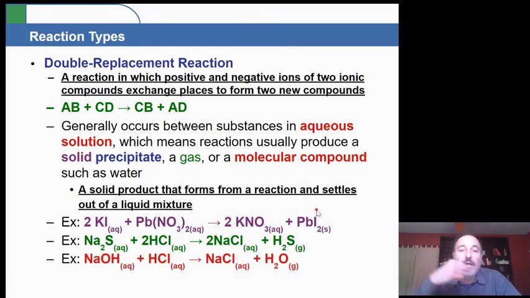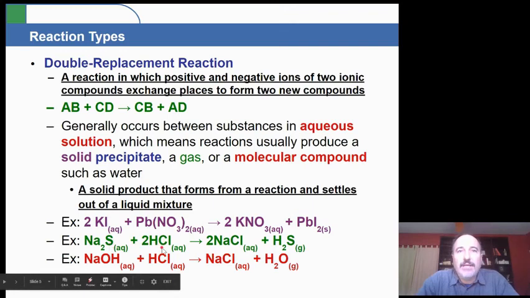And another example, when we talked earlier about acid-base reactions, acid-base reactions can also be considered, looking at it from this point of view, double replacement reactions. Like you have sodium hydroxide reacting with hydrochloric acid.